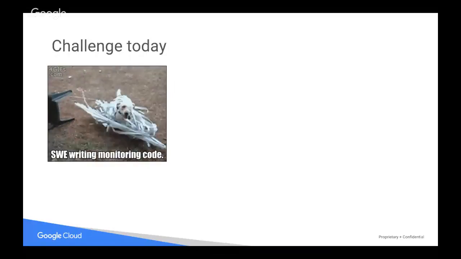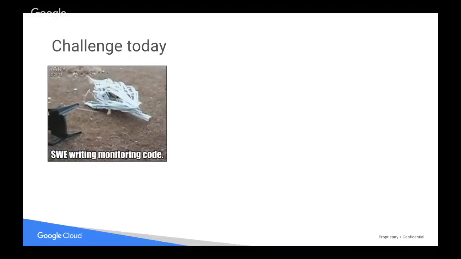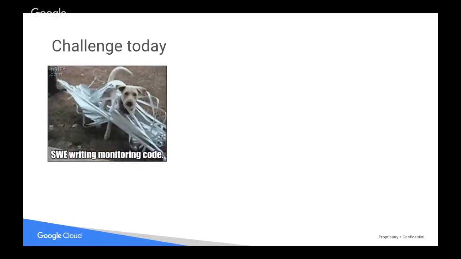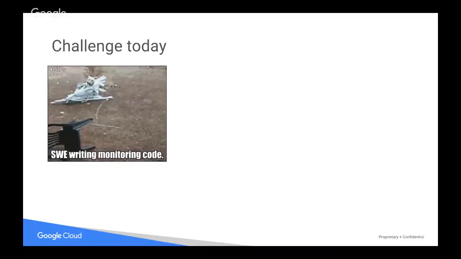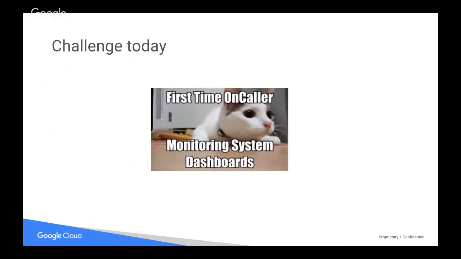So, what do people do today? One, they write monitoring themselves. So here's my impression of someone whose job it is to write applications and services trying to write monitoring. That could be a problem. Another problem is you've already got tools. You have a whole bunch of tools to do a whole bunch of different things, and now you're trying to figure out, if you're on call, what am I looking at?